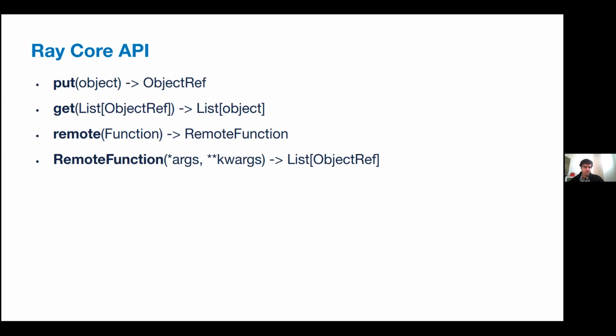And when the remote procedure is actually executed, some data might be transferred between nodes. And finally, the remote call is the actual invocation of a remote function. That can take any number of arguments, including other object references, and can return a list of object references as well. So in this way, by chaining together remote functions, you create a dynamic task graph.